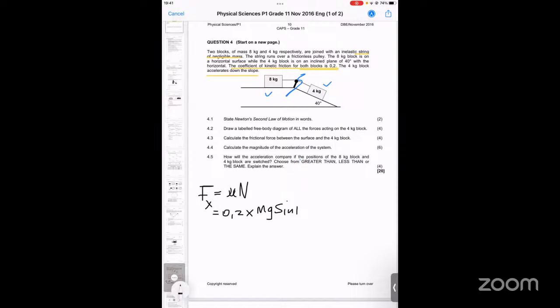Then I substituted the value I got from mg, which was 39.2 sine 40, which is 25.19.